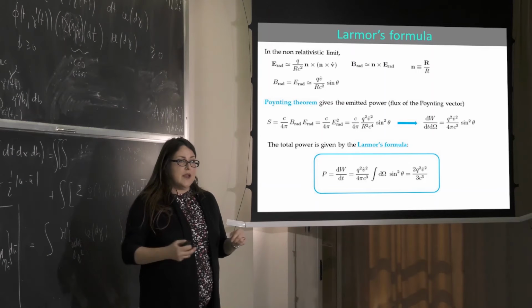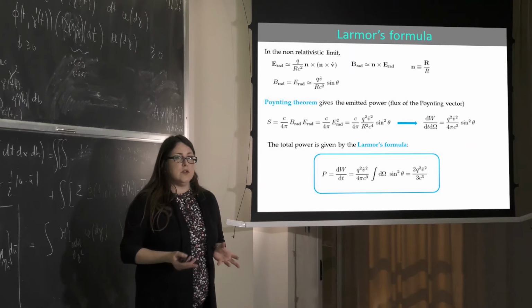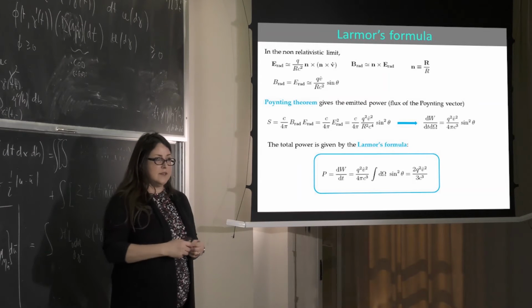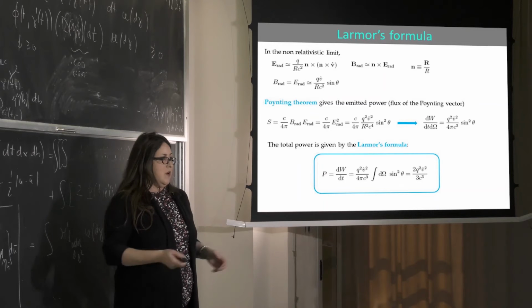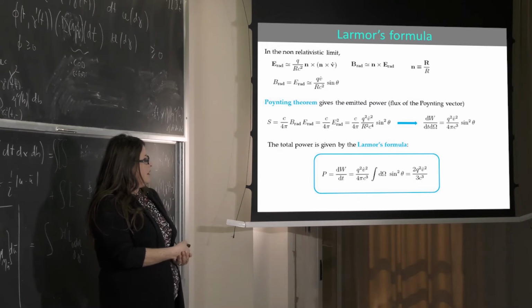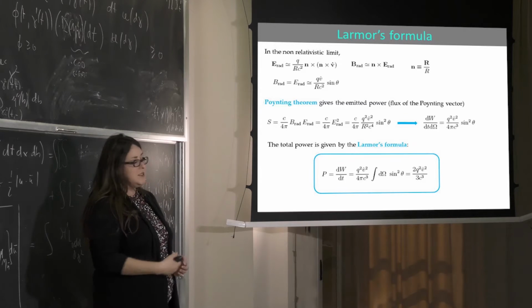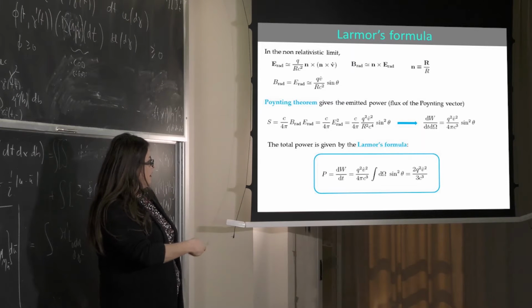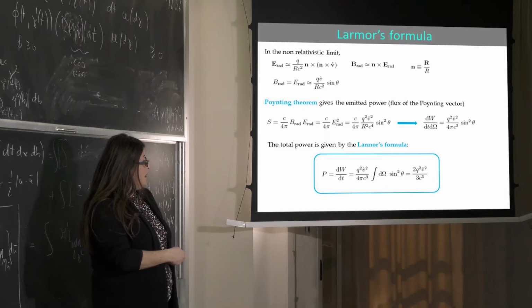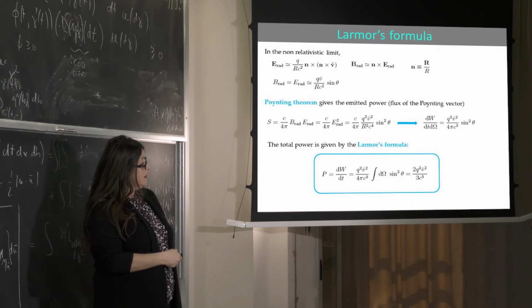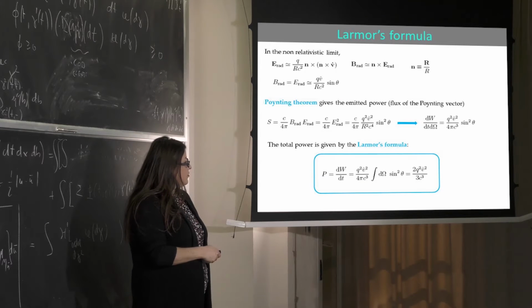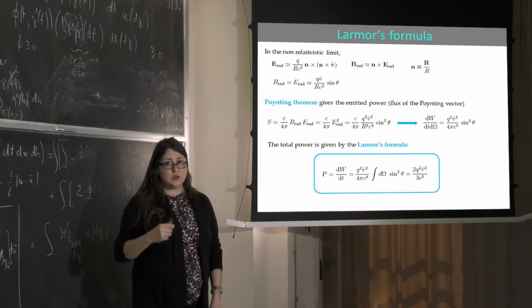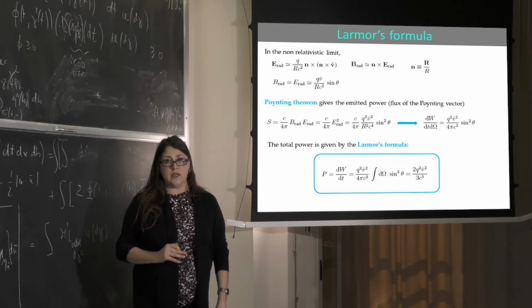If we integrate it over all the solid angles, so if we calculate the energy which is emitted by the electric charge over all the space, we obtain the Larmor formula, which is the integral version of this one. And we notice that the total power emitted is proportional to the square of the electric charge, and most importantly is proportional to the square of its acceleration.